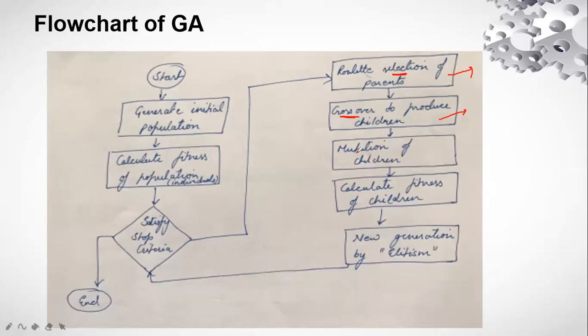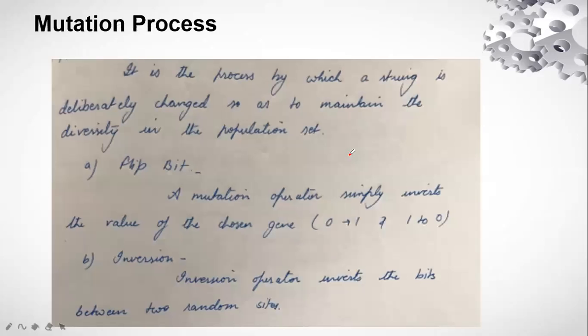Now we are coming to the part that is called mutation, what the lecture is all about. So basically, what is the mutation process? It is the process by which a string is deliberately changed so as to maintain the diversity in the population set. We are going to flip the bit, to change the bit of a particular individual chromosome.